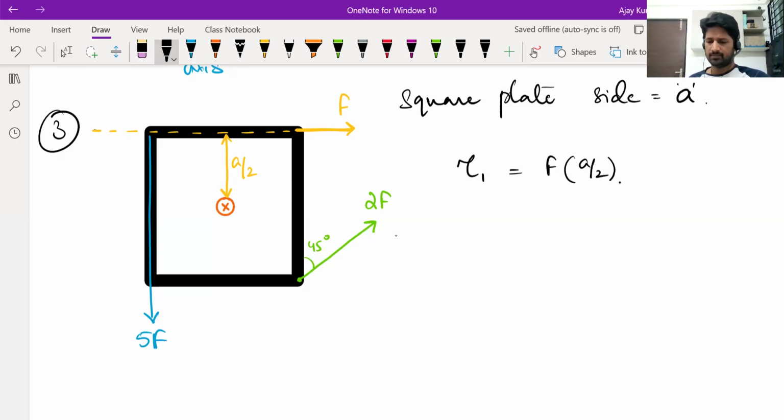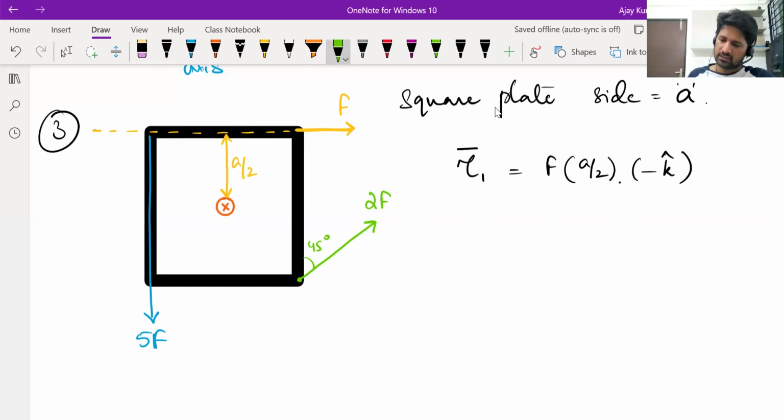Clockwise, anti-clockwise? Clockwise, sir. Okay, this force tends to rotate the square plate this way. Just by visualizing we can tell. Otherwise, if you take proper R cross F also, you will see your right hand fingers curling clockwise. Clockwise means the thumb will point into your screen. So minus K cap. Let's write it like that. That's the torque produced by the force F.